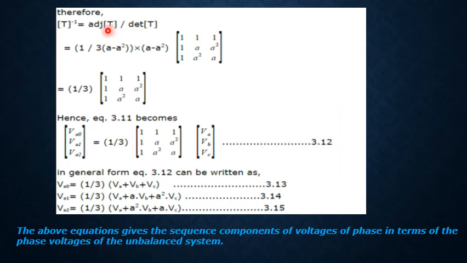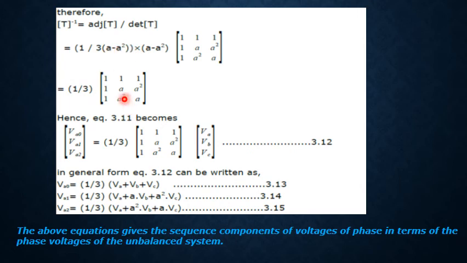After obtaining the adjoint and the determinant of the matrix, let us substitute them in this equation to get the inverse of matrix T. After substituting each value, we get the inverse of the matrix T as 1 by 3 times this matrix.